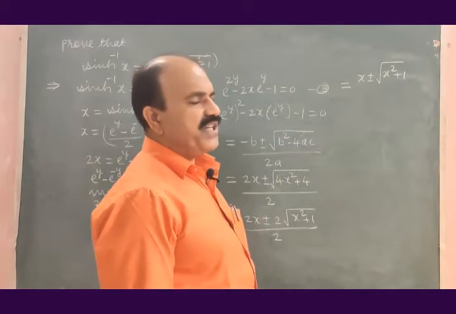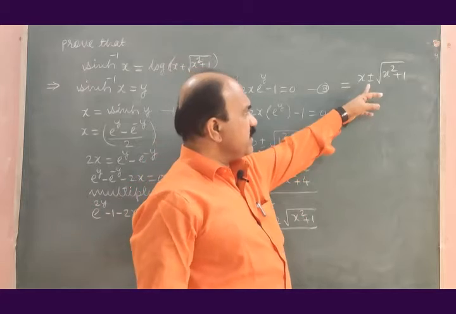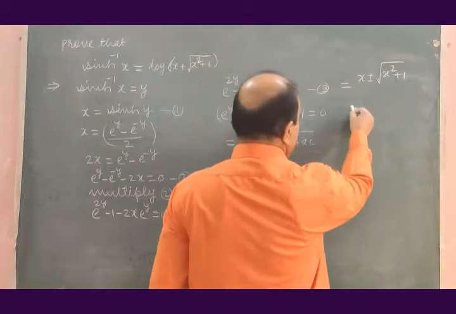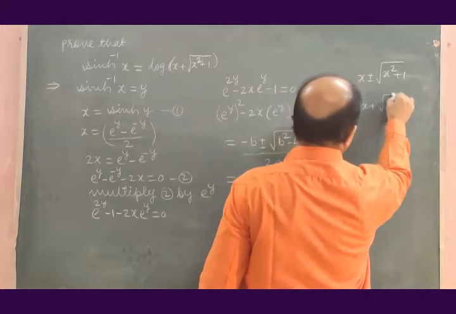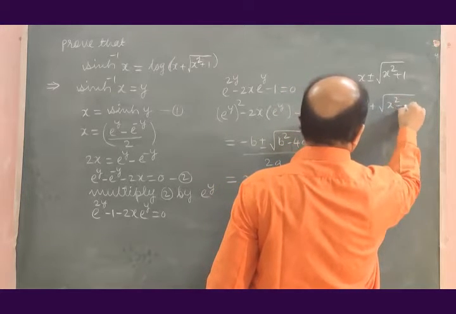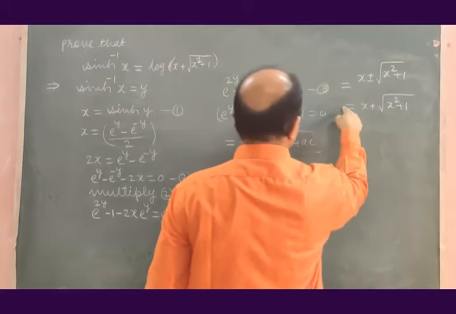And if we consider only the plus sign here, it will be simply x plus square root of x square plus 1. And what is this?